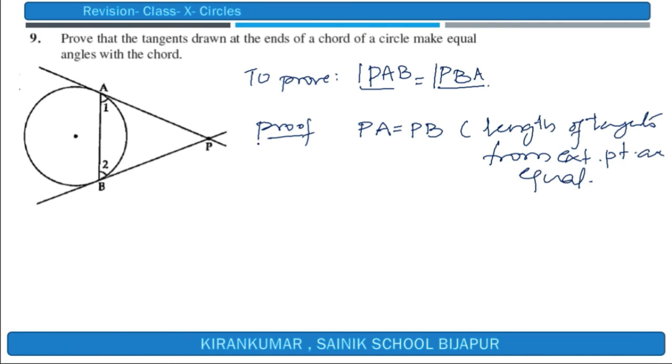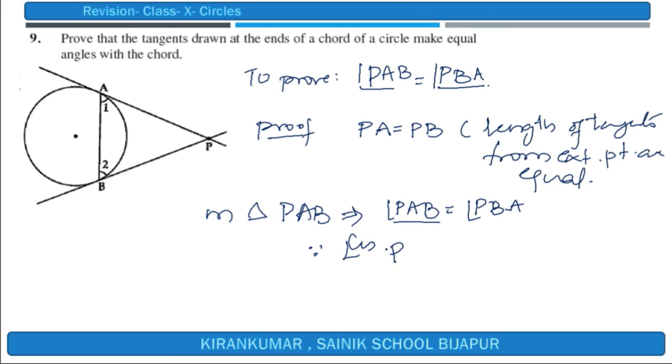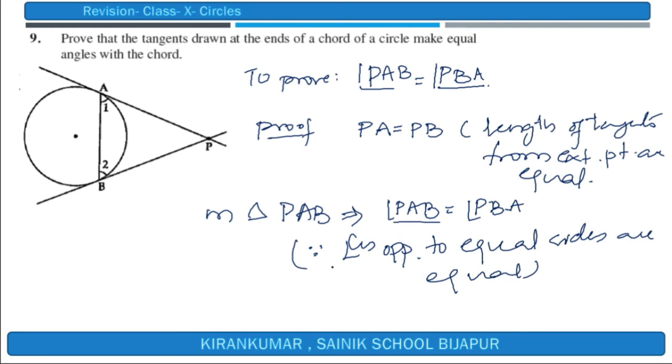Since the lengths are equal, in triangle PAB, we have angle PAB will become equal to the angle PBA, because angles opposite to equal sides are equal, hence proved.